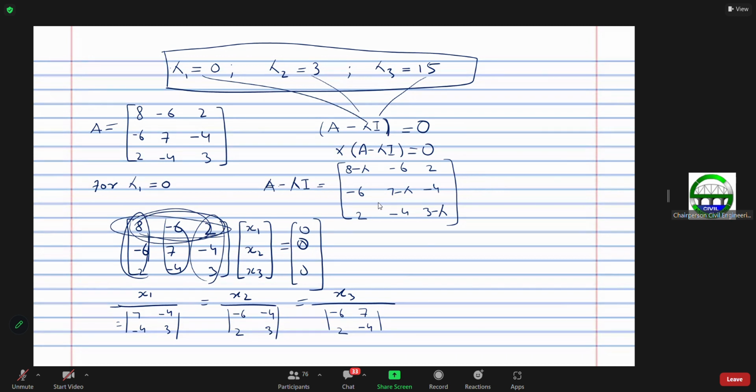Put the values and calculate the determinants under x1, x2, and x3 now.